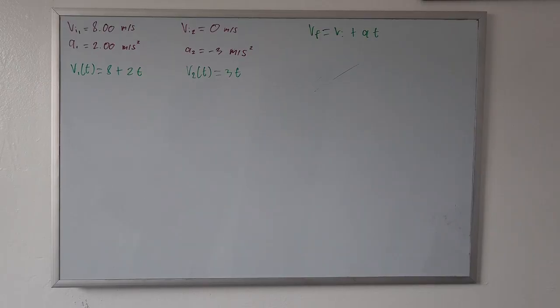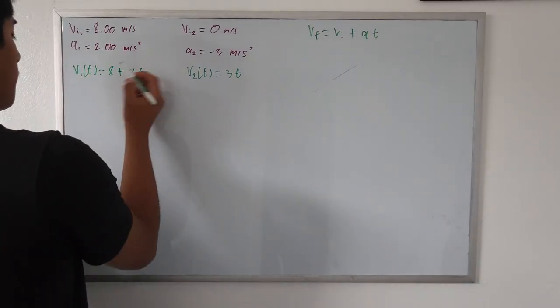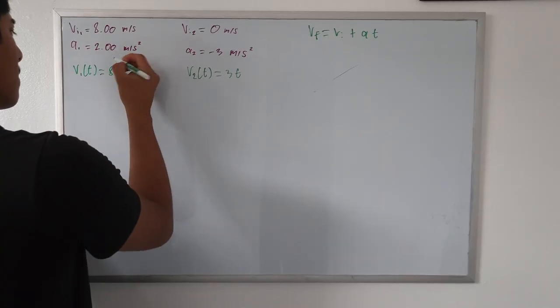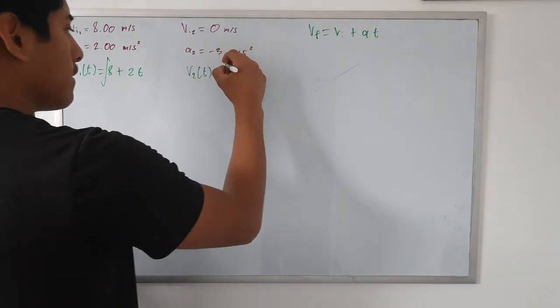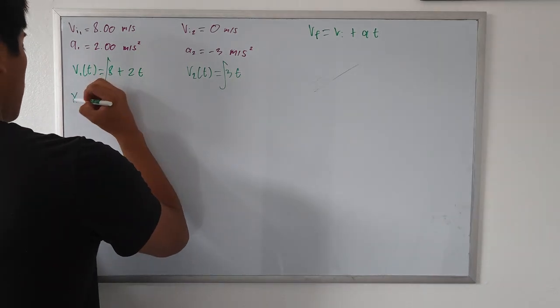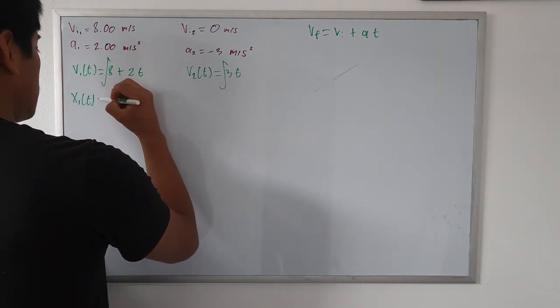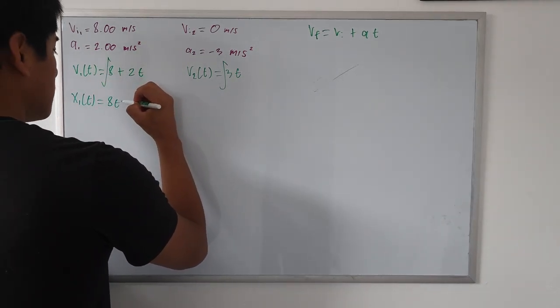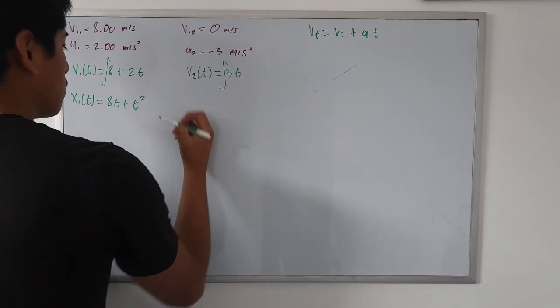Now that we have these equations, from this we're going to get position equations. To get position from velocity, we're just going to integrate. Here, you're going to get x1 of t is equal to 8t plus t squared.